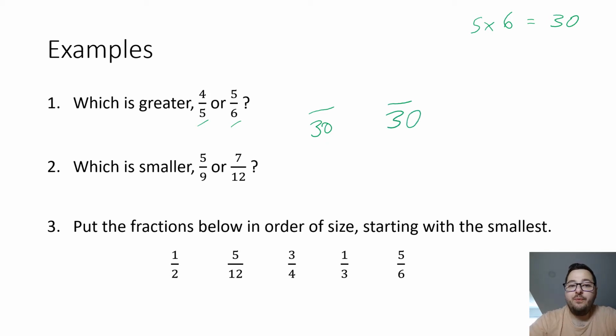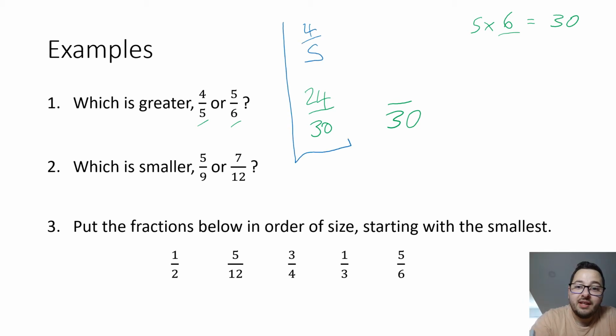Now 4 over 5, what have we timesed 5 by to get 30? Well, it's 5 times 6, so we want to times the top by 6 as well, and 4 times 6 is 24. So 4 over 5 is the same as 24 over 30. For the second one, 5 over 6, what have we timesed 6 by to get 30? We've timesed it by 5, and 5 times 5 is 25.